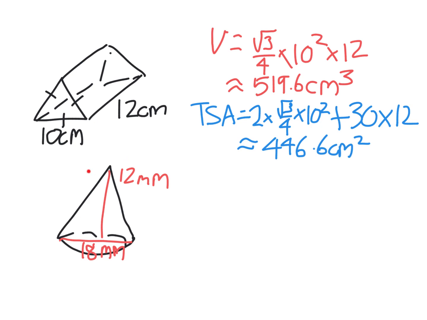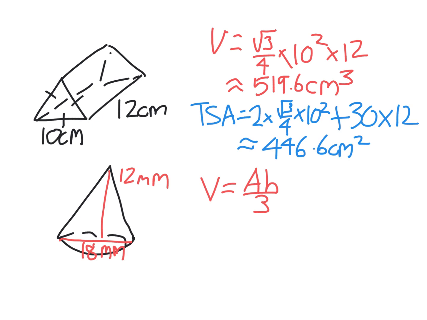So now let's look at cones, or in particular tapered solids. Unlike a prism, they don't have the base repeated at the top. They don't have the same shape at the top and the bottom. Instead, they converge to a point. So when you're finding the volume of a tapered solid, a cone or a pyramid, it's still area of the base times the height, but you need to divide by 3.